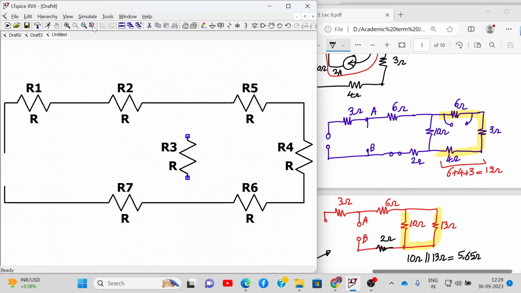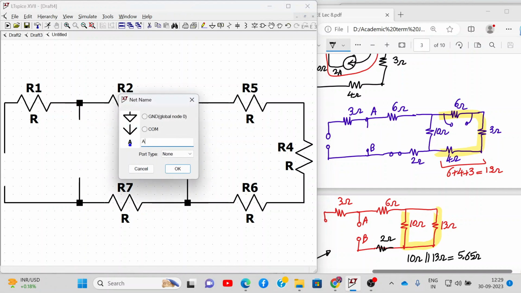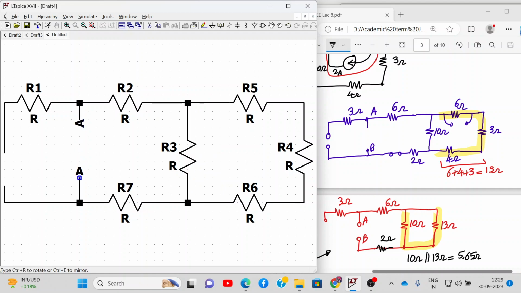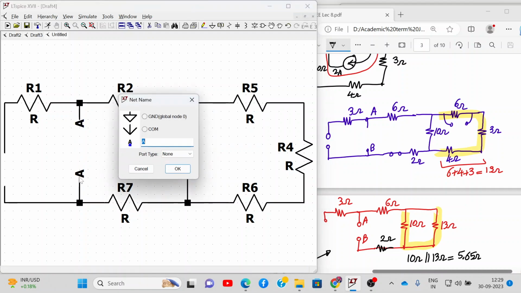All right. Let me fit to screen. Okay, so these are my terminals A and B. Let me extend it over here. This is A and this is B. So we need to find the equivalent resistance between A and B. Let me mark the nodes as A over here and B over here.